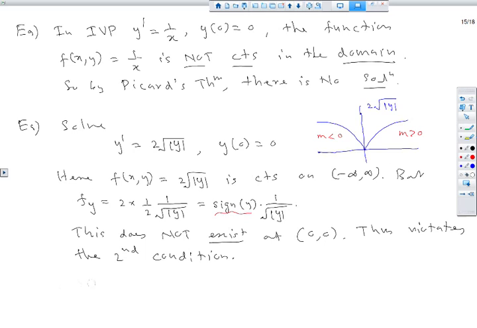Now you can see that if you try to integrate this one, you can still integrate this one.